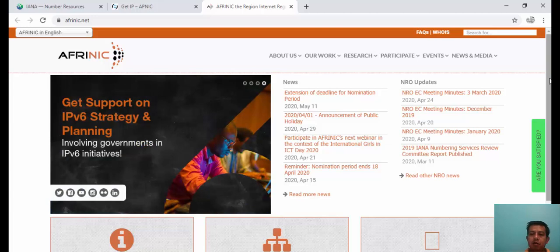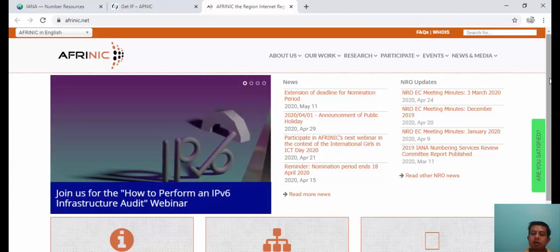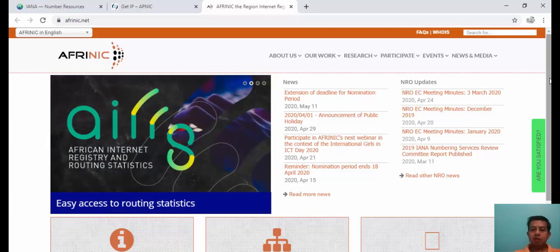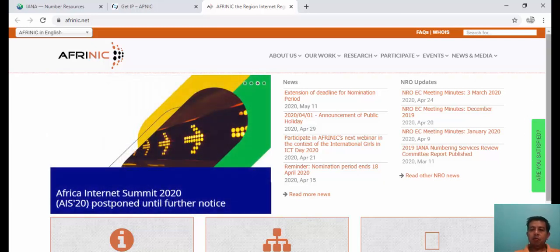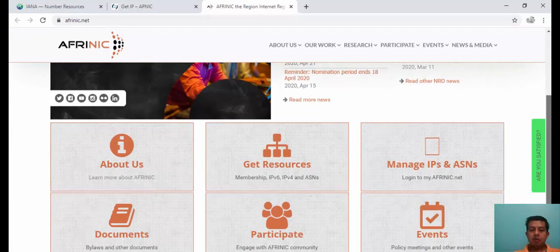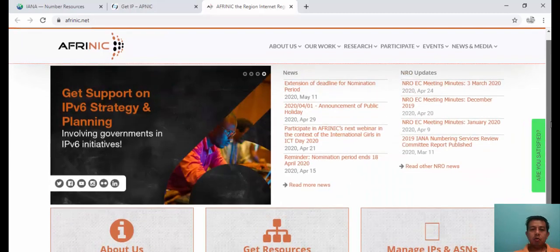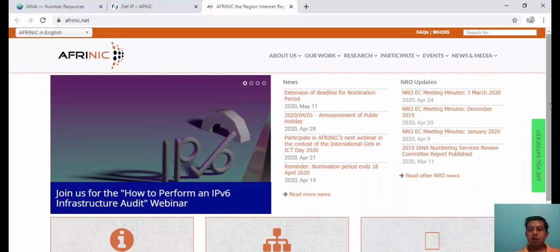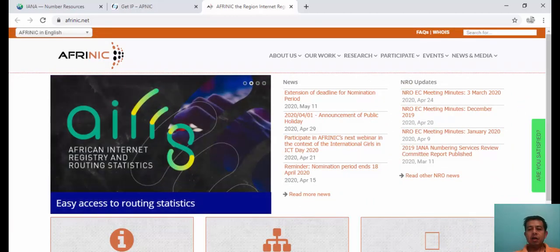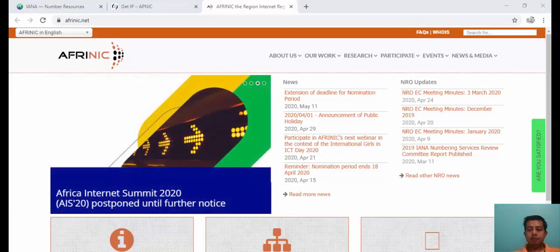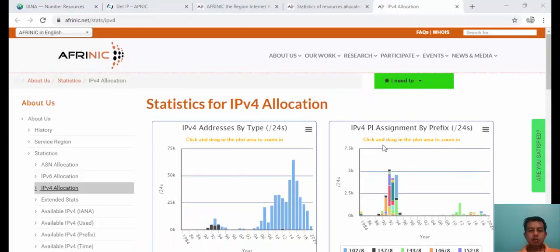These things have been going on for a long time, but in reality also not many IPv4 addresses are currently available. If you want to buy IPv4 addresses, you can go to these regional registries and see how many IPv4 addresses are currently available. These registries also display the current status for IPv4 and IPv6.